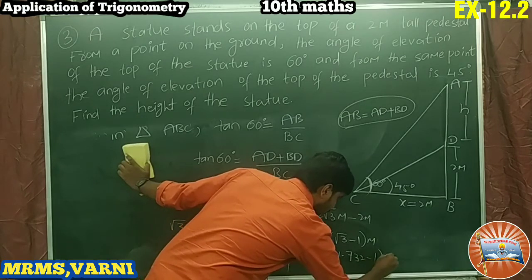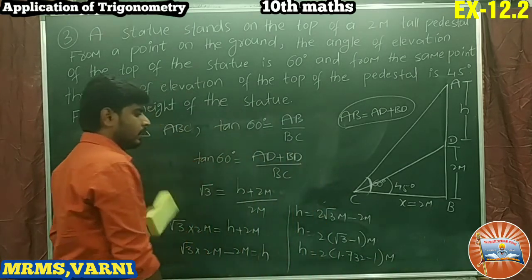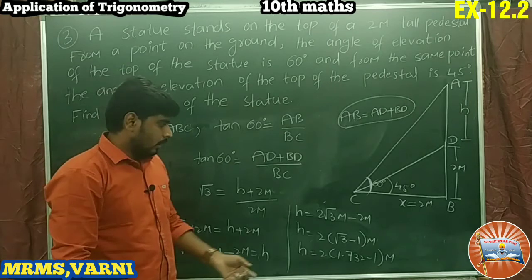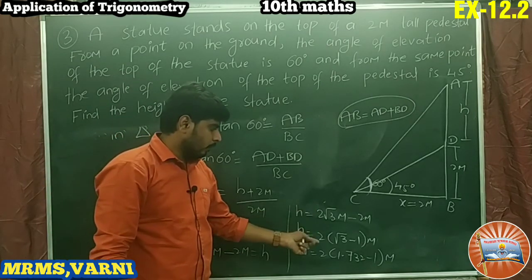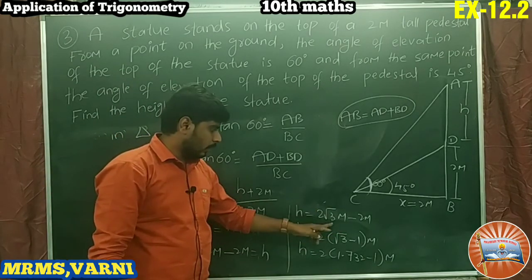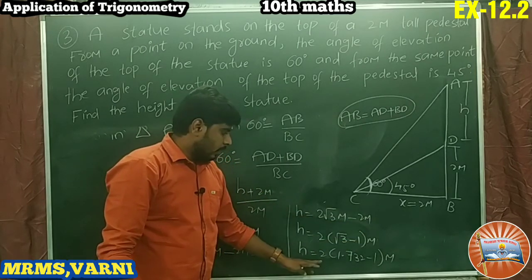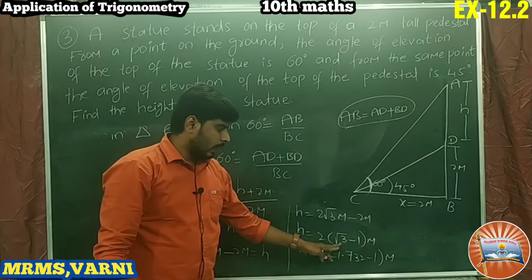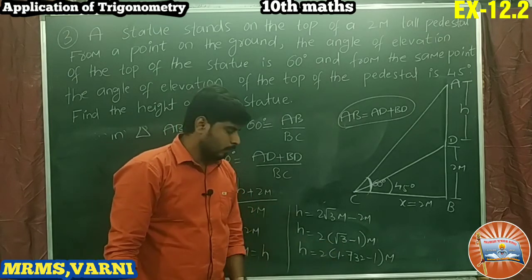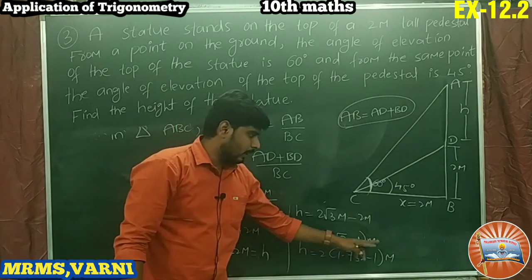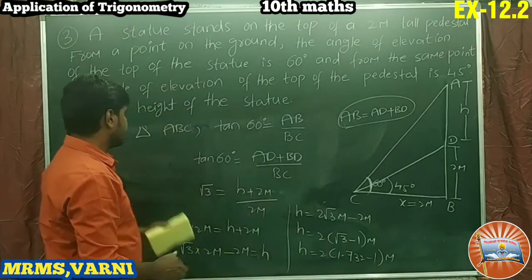Root 3 value we know is 1.732, and minus 1 as it is, with the meters written outside.